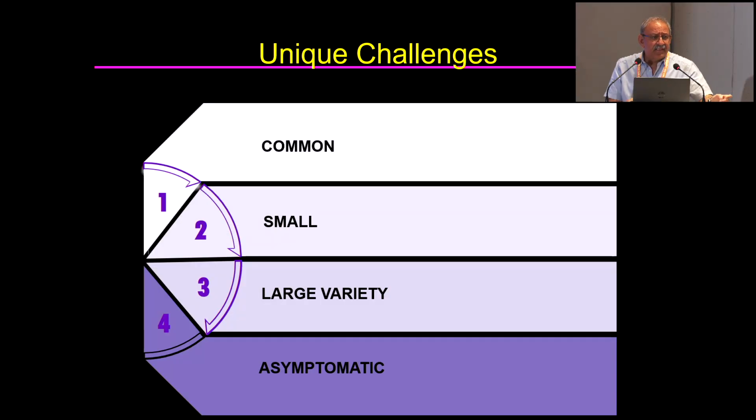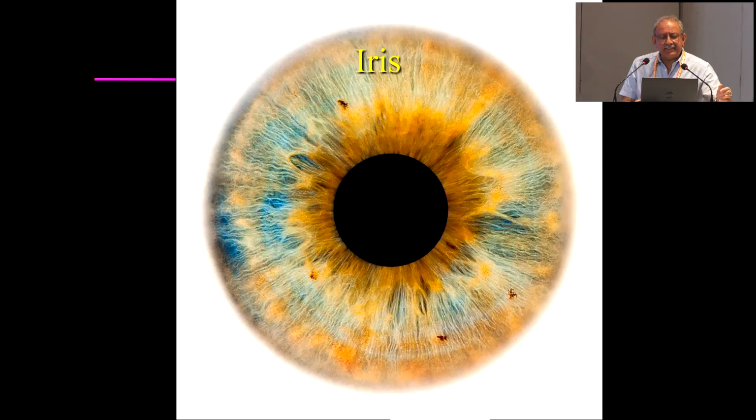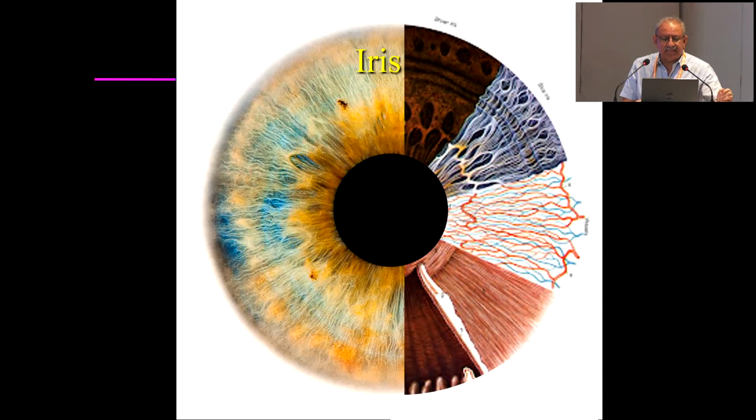Iris tumors are uniquely challenging. They're common, they're small, there are many types, and many patients are asymptomatic. Even with many kinds of tumors, it's hard to figure out their patterns because there are so many kinds. The iris is not one structure, but many tissues and many layers, and tumors arise from each component.